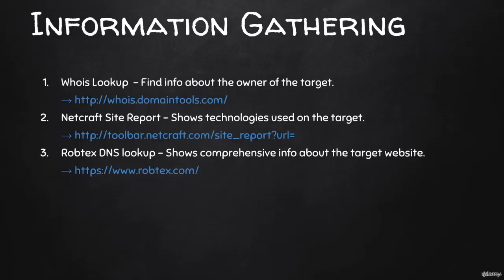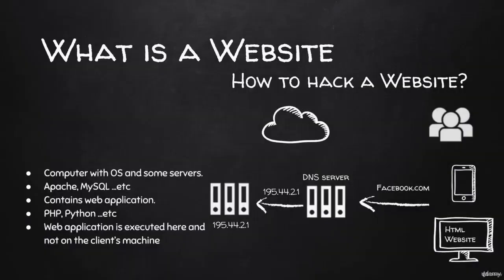In this video, we'll see how we can get comprehensive DNS information about the target website. Just to give you a quick refresher on what DNS is: when you type in facebook.com, a DNS server will convert that name to an IP address. Now, the process is a bit more complicated.